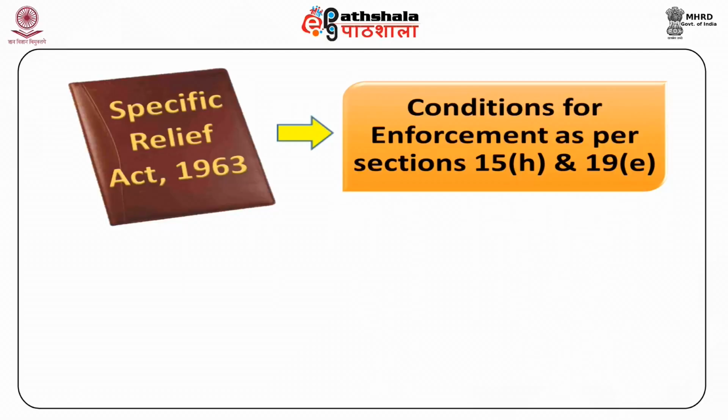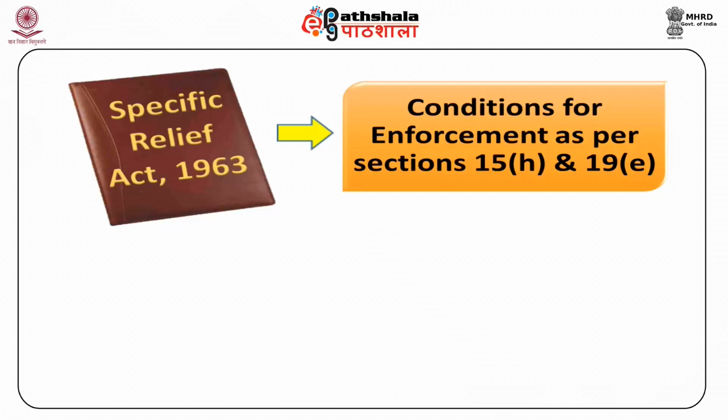Section 15, subsection H and Section 19, subsection E of the Act provide that a contract entered into by the promoters on behalf of the company before its incorporation can be enforced by or against the company if the following two conditions are satisfied.